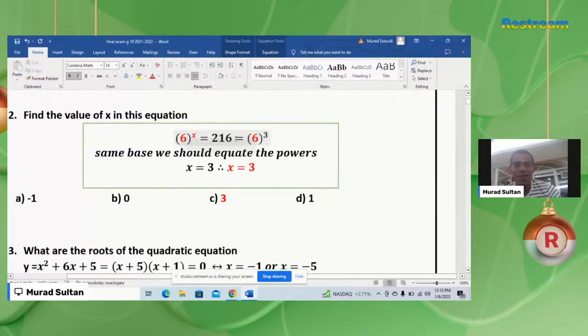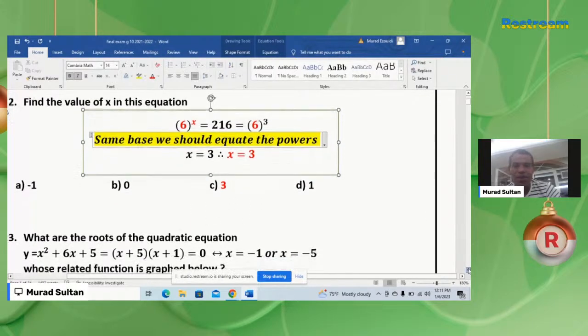You can see that 216 divided by 6 is 36. 36 divided by 6 is 6. 6 divided by 6 is 1. Therefore, 216 is 6 to the power 3. As you have the same base on both sides, you should equate the powers, which means x is equal to 3. Therefore this one is the correct answer.